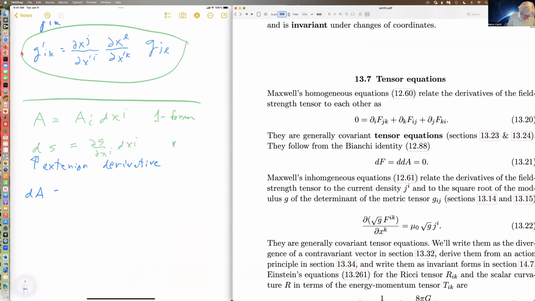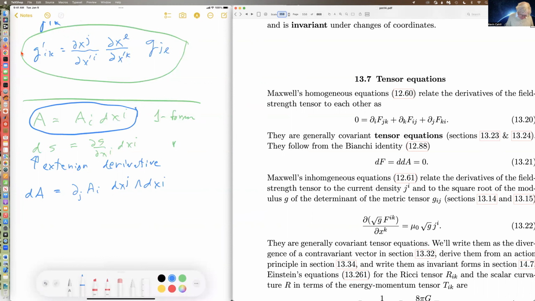D on A is partial with respect to xj of Ai, and then a wedge. I'm sorry, not a wedge yet. So let me undo that. Then it's dxj wedge dxi.